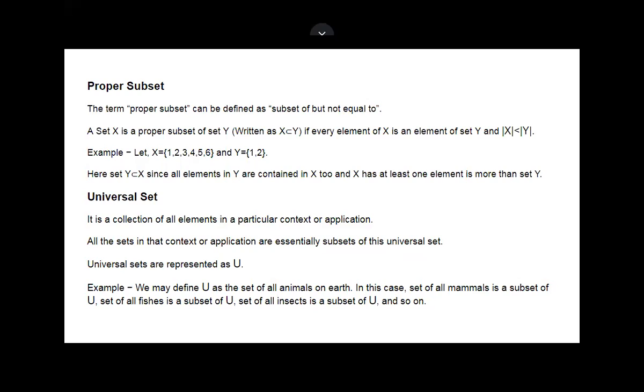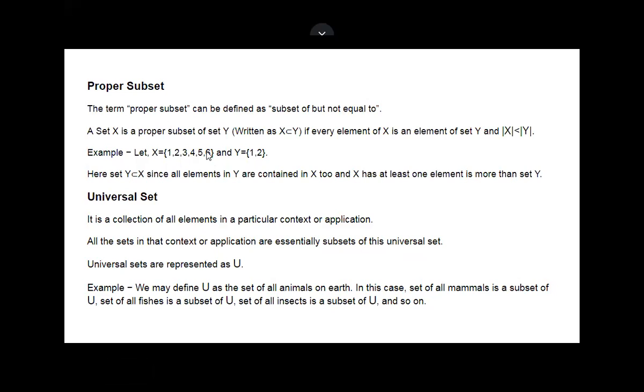All the elements of Y are there in X. So every element of Y is there in X, and cardinality of Y is also less than cardinality of X. So we can write it like Y is a proper subset of X, since all elements in Y are contained in X, and X has at least one element more than set Y. Means the cardinality condition is compulsory here.